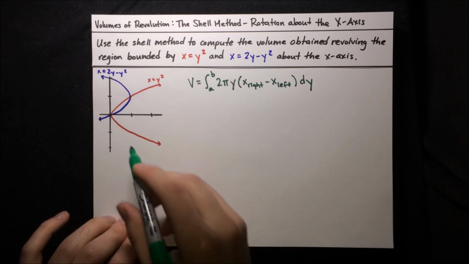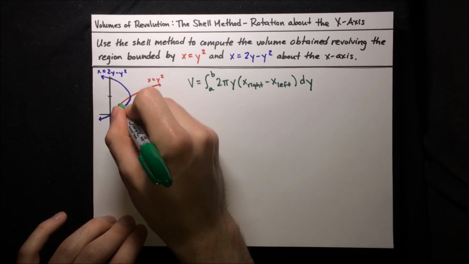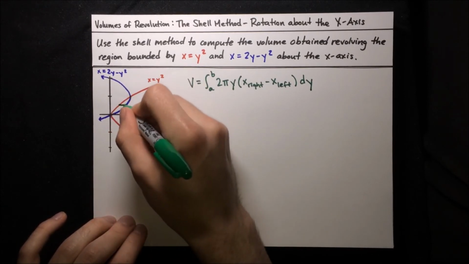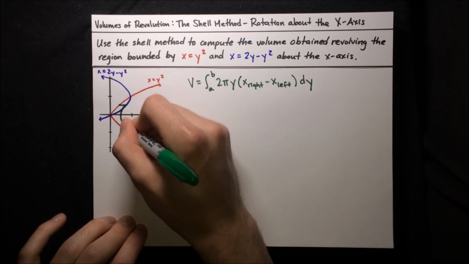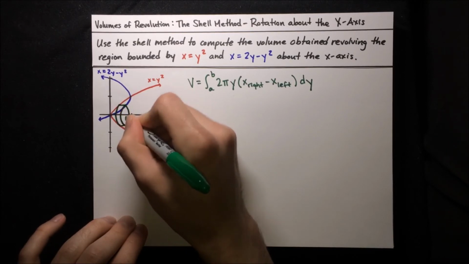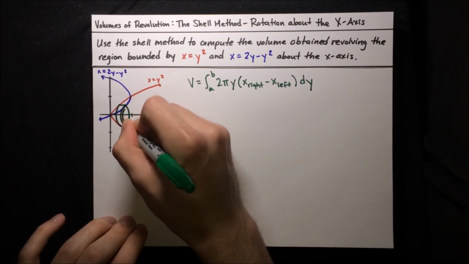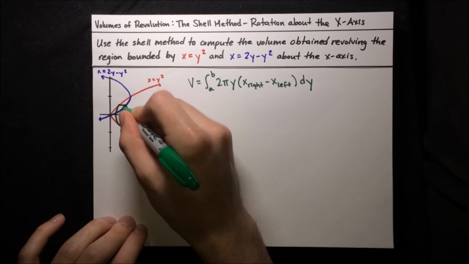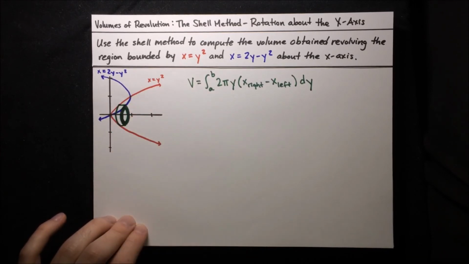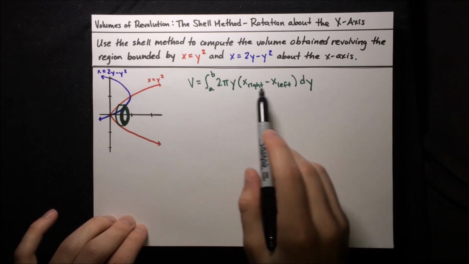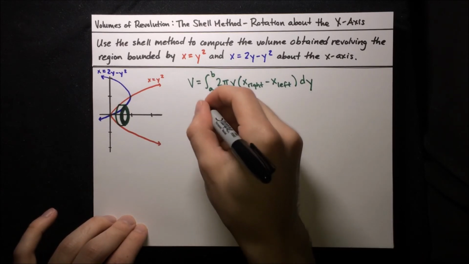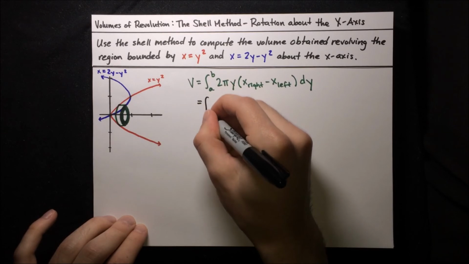To keep a good visual, why don't we actually draw in one of those shells here? So let's go ahead and draw that. Here will be one of the shells, and it's rotating around this way. Make a little cylinder, carve out a bit on the inside to create a shell, and there we go. There is our shell. So now let's fill in what we have in this integral. So this is just the integral. What are the endpoints?